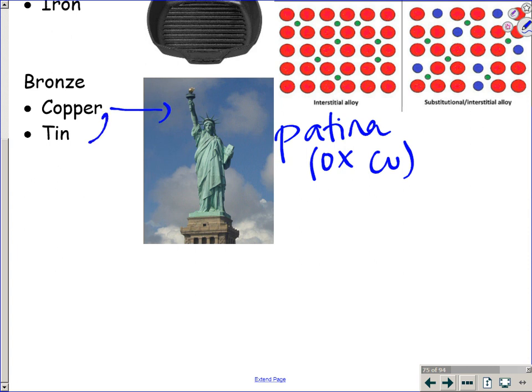They were hoping when they blended these, they would decrease the reactivity. Well, you can see it worked for a while. A long time ago, she was not this color. But copper is super reactive with air and water, and so it forms this green patina. Tin is not as reactive, so they hoped when they blended it, she would last forever. Well, she's still lasting, she just changed color. So they were hoping that they could create a system where it would not erode so quickly.